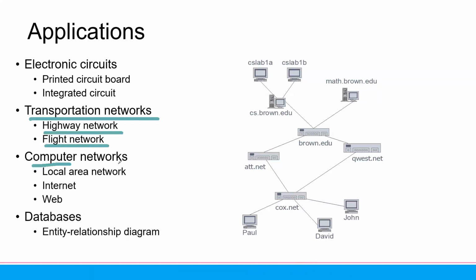Or computer networks, like Wi-Fi or internet connection, the local area network, internet, web, also use graphs. Database, if you learn database, you can also see the relationship between entities, or what we call the entity relationship diagram. It is also one of the applications of the graph.